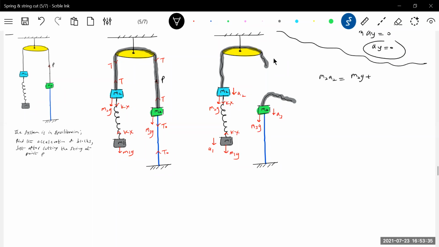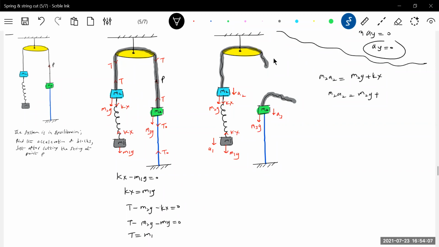M2A2 equals M2G plus Kx. Kx equals, okay, from here I'll bring it, earlier tension something, let it be. And this T naught, okay, can we write T naught? So what is T? T minus. All these equations we will write.